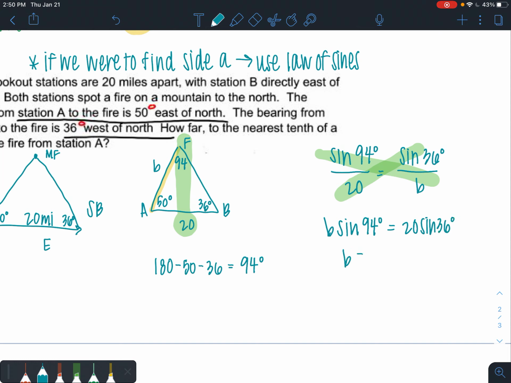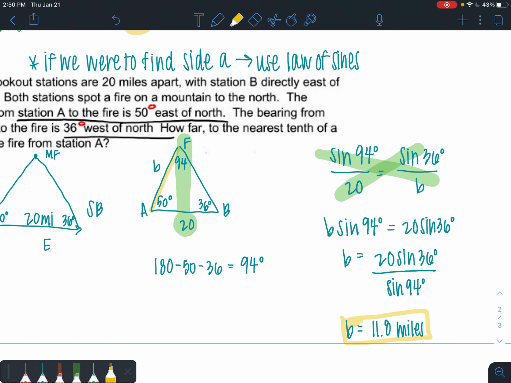Divide by sine of 94, and B equals 20 sine of 36 divided by sine of 94. We'll type that into our calculator to get an exact value, which is B equals 11.8 miles. We do want to make sure we label our answers.